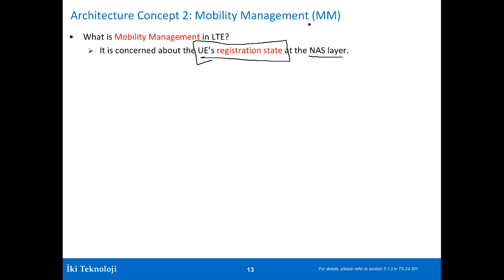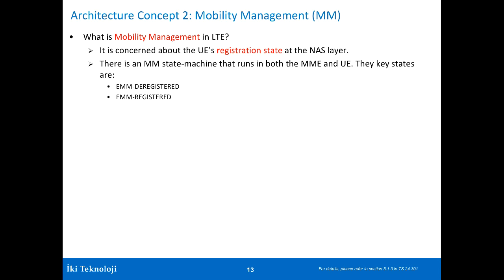So that is the mobility management part of the NAS state between the mobile and the network. And there are two main states. There is a mobility management state machine that runs both in the MME and the UE. And as you can see, the two main states are whether the mobile is deregistered or registered. So when you come in and you haven't been authenticated with the network, you are essentially deregistered.